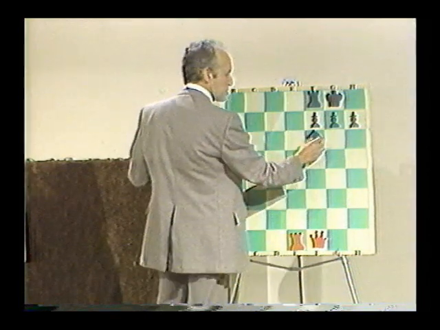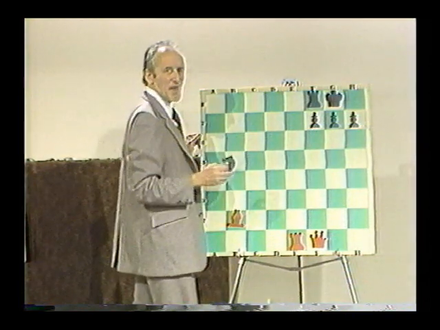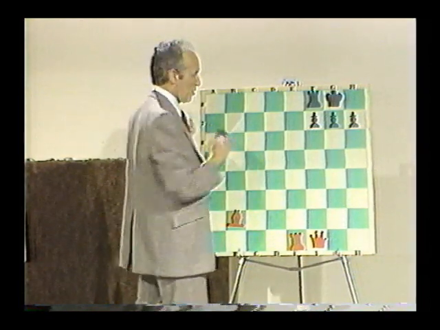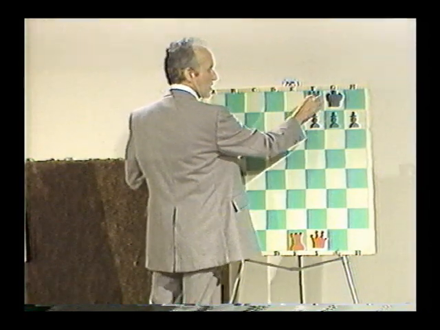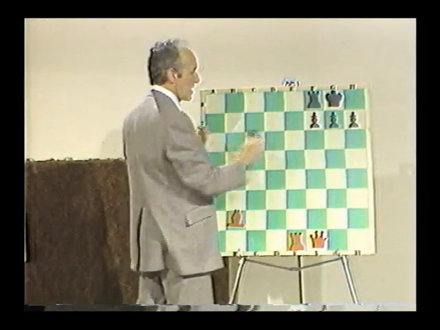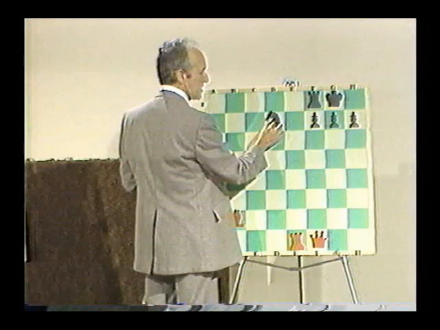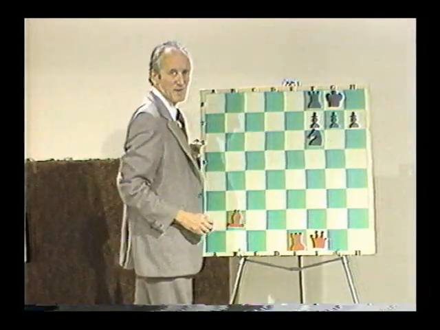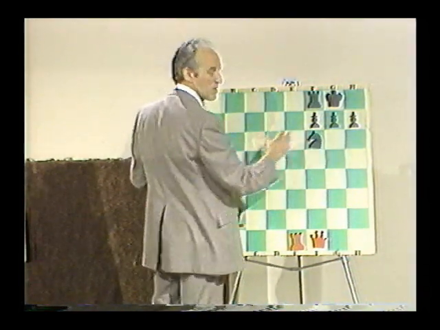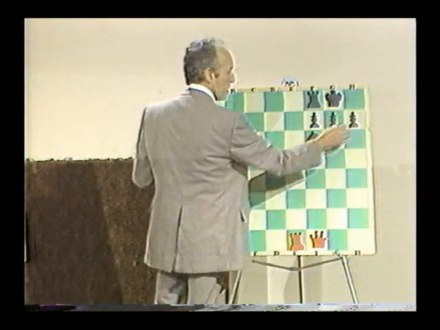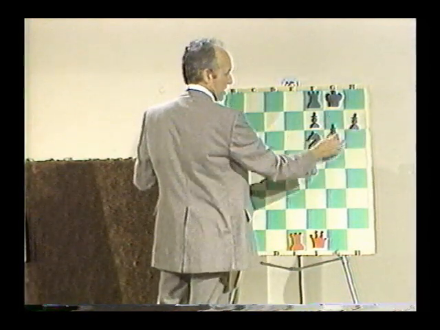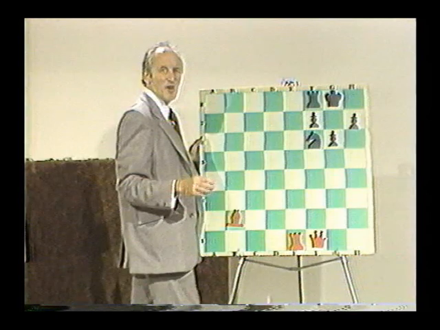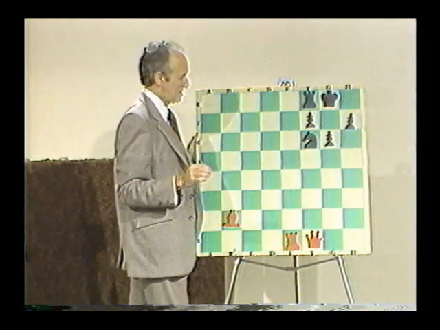If the knight is pushed away, we call that a temporary weakness. Or if the rook has been pushed away, we call that a temporary weakness. Temporary because it could be that the knight can get back there. But if in the course of a game a pawn is moved, any pawn, then that is called a permanent weakness.